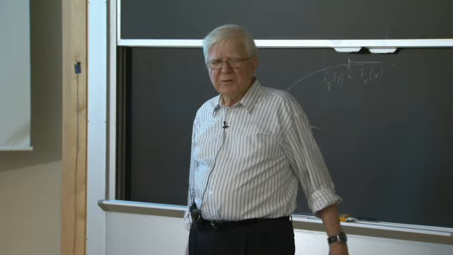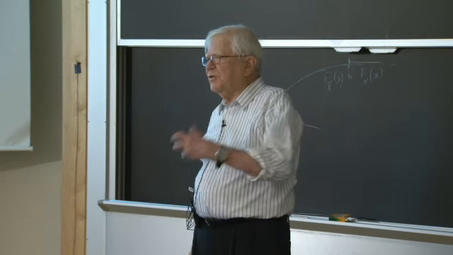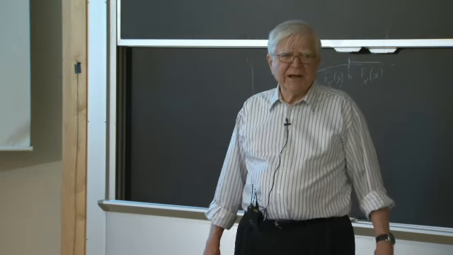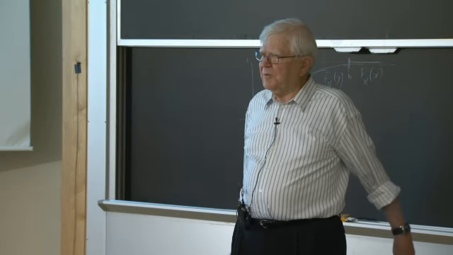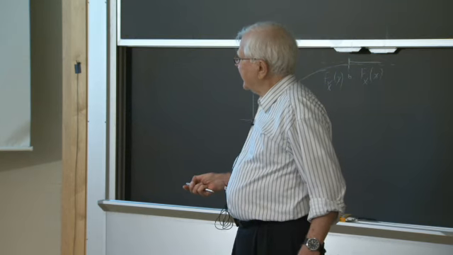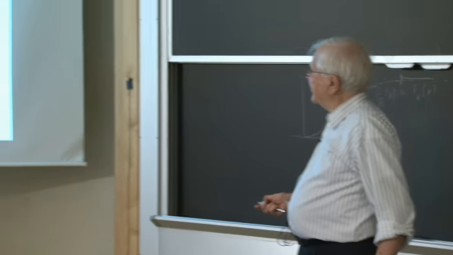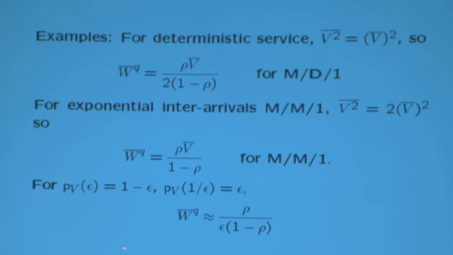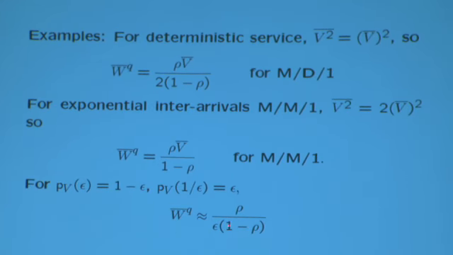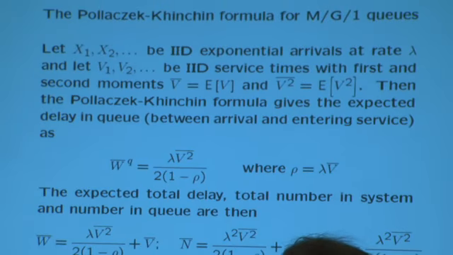They're done in 20 or 30 seconds. Every once in a while there's a customer who has enormous problems, and it takes an hour for them to be served. That's exactly this situation here. This says that the expected waiting time in queue, before you even get up to get your own service, has this factor of 1 over epsilon in it. This is a nice kind of formula because, in fact, it separates two different kinds of things.